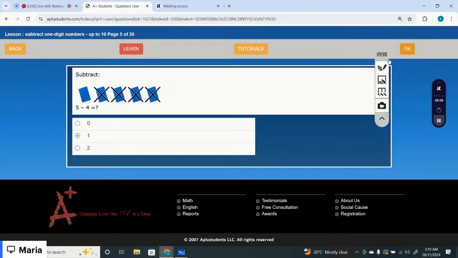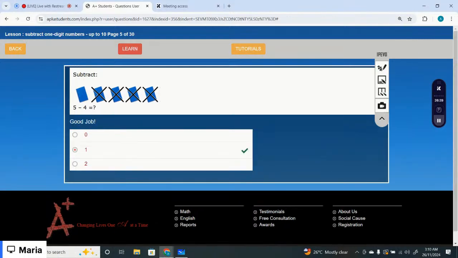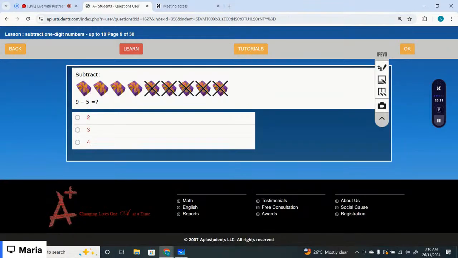Option number 2 is the correct option. The next one is 9 take away 5.